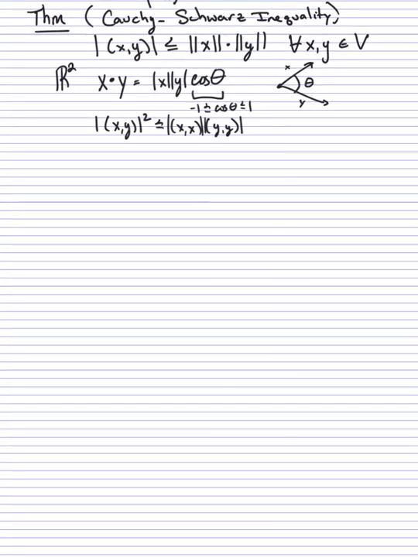Let me prove this. I'll just do the real case; the book will show you how to go from the real case to the complex case. Let me give you the proof, which will seem to come from nowhere, and then I'll give you the geometric picture.